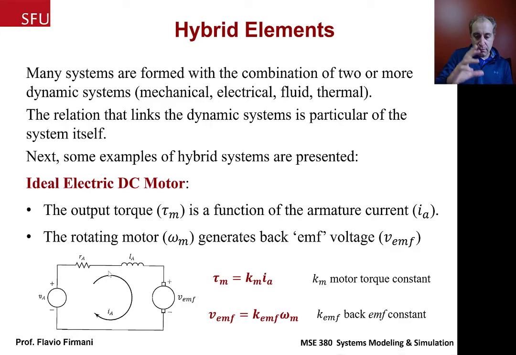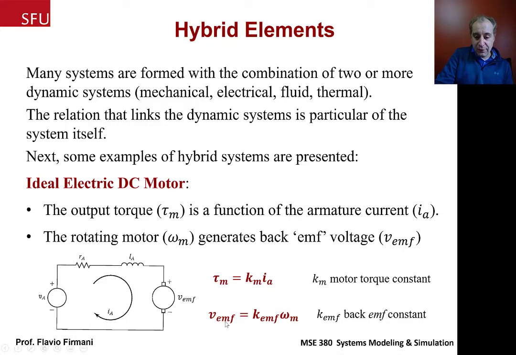And the motor itself would work as a generator. So there is going to be a back EMF, or electromotive force, voltage being produced, and this is going to work against the input voltage source. The relationship of this EMF voltage is with respect to the angular velocity of the rotor.